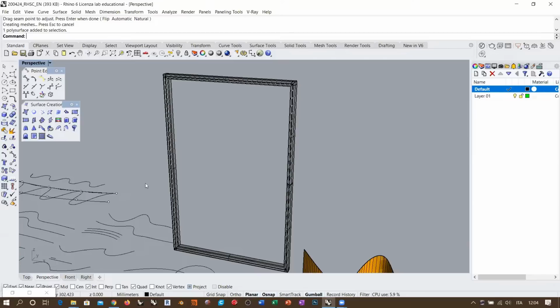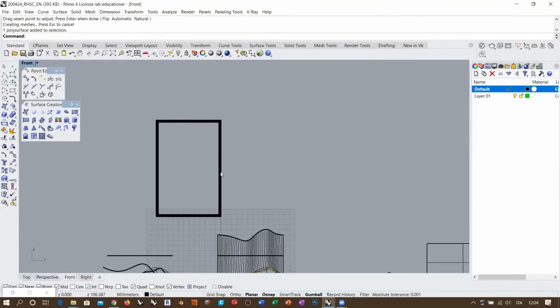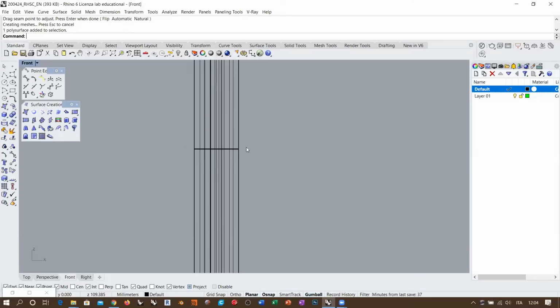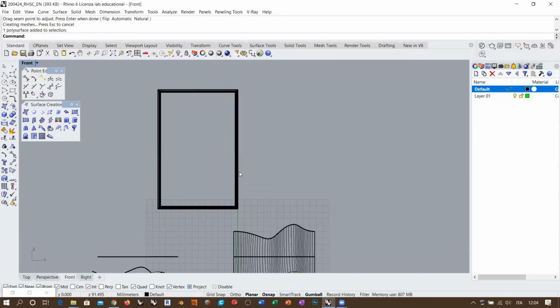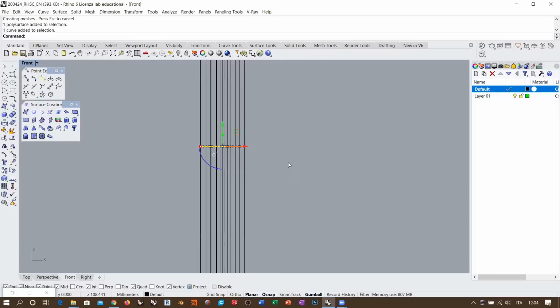I don't think so, because the way that the sweep one rail worked creates, for example, this internal edge here at half the height of this side, because the cross section is here. So the sweep starts from here and reaches down here. So this is an internal edge, which is absolutely unnecessary.